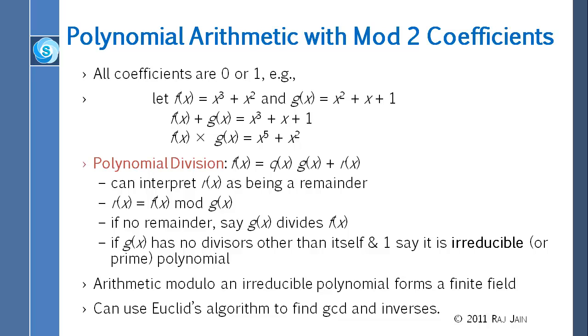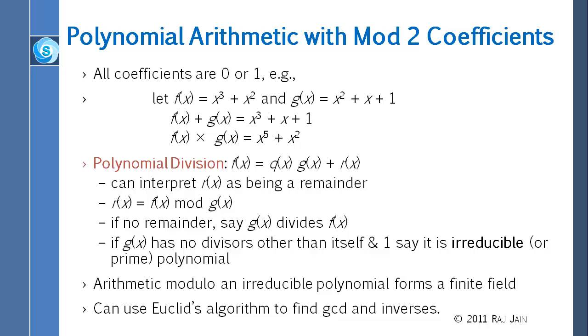Then we multiply by x, so we get x^4 plus x^3. Then we multiply by 1, we get x^3 plus x squared. Then we add up all of these, we get how much? You can get that f(x) times g(x) is x^5 plus x squared.